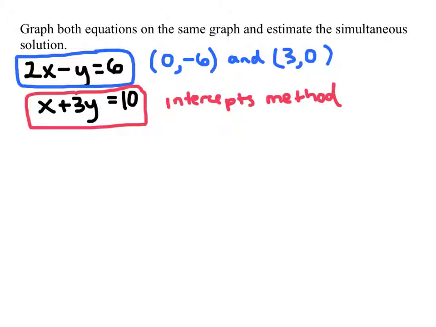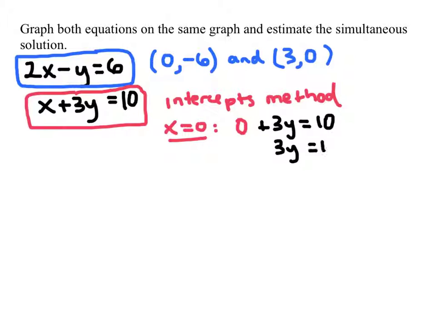I will let the x be 0 and plug that into my equation. So that will leave me with 0 plus 3y equals 10, which leaves me with 3y equals 10. And dividing both sides by 3 will leave me with y equals 10 thirds.